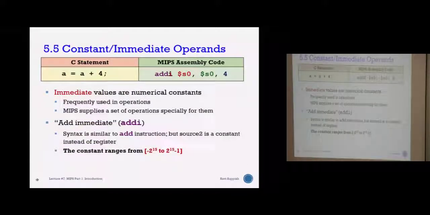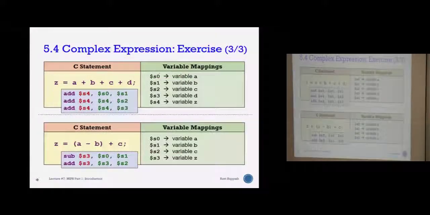Just now in the first example, like I mentioned, we saw 2 different types of instructions. One was register to register, the other one was register and value. This value is called an immediate value. Why? Because that value is already specified in the instruction. So the difference is what? Previously we said add, all these are add instructions, that means register and register.